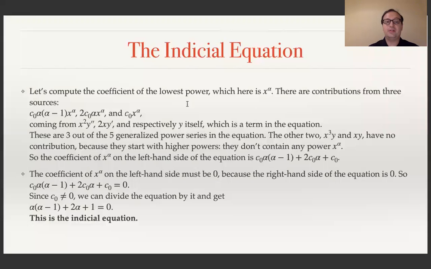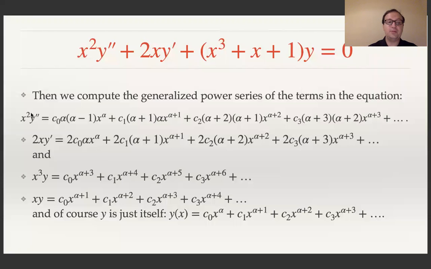Let's compute the coefficient of the lowest power in the equation, which, as I promised, will give us the initial equation. The lowest power present in the equation is x to the alpha. Of all the terms present in the equation, there are 3 places where x to the alpha appears.